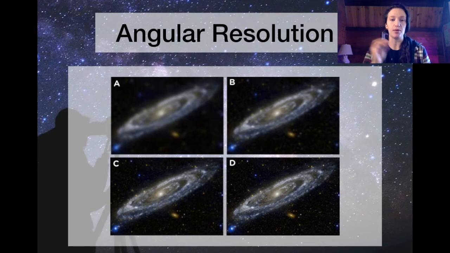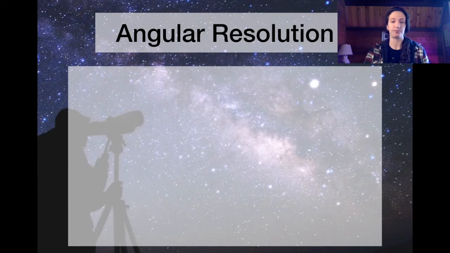And so to have a better angular resolution means that you have a smaller number. So A might have an angular resolution of, say, 1 arc minute, and D might have an angular resolution of, say, 1 arc second. Those are just random numbers that I came up with, but that's just to illustrate, right? A second is smaller than a minute, so you can resolve smaller, finer details with a smaller angular resolution.